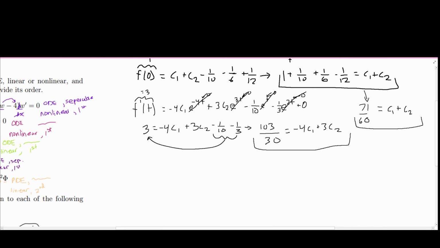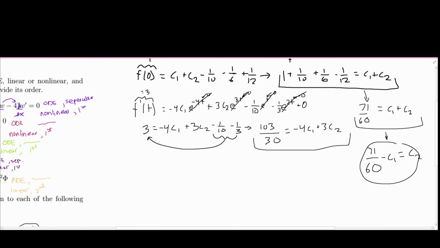Super similar. What we're going to do with this part is choose either C1 or C2, and we are going to set that equal to 71 over 60 minus C1 or C2. For simplicity, we'll just write it as 71 over 60 minus C1 is equal to C2.